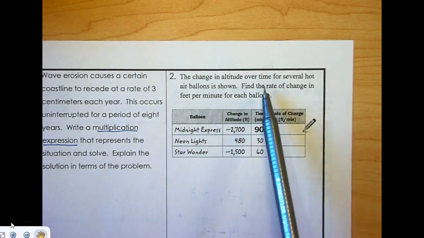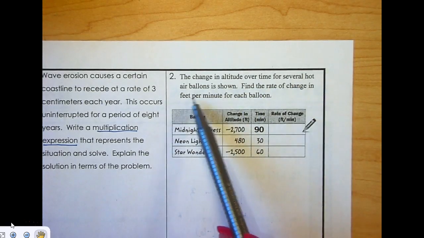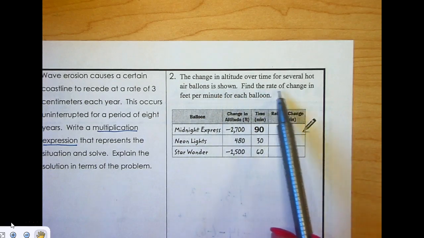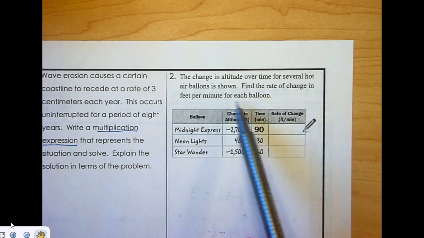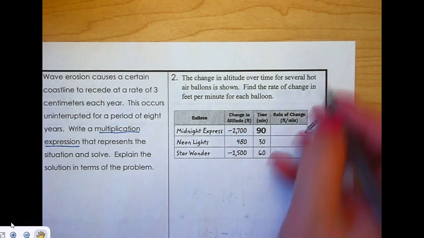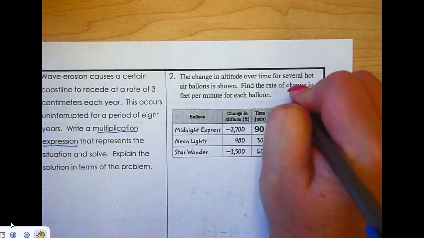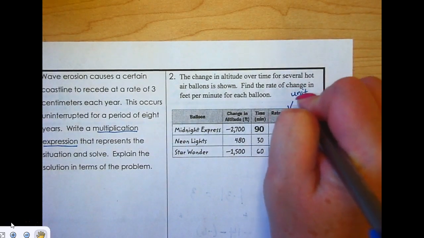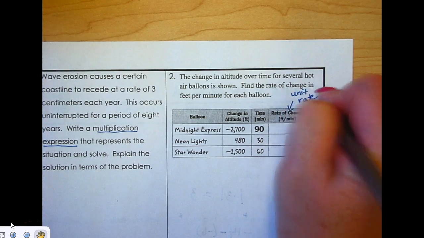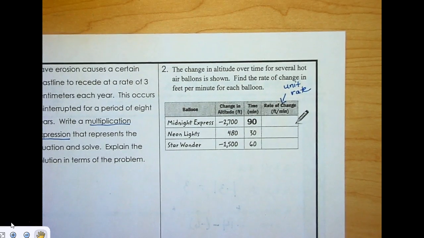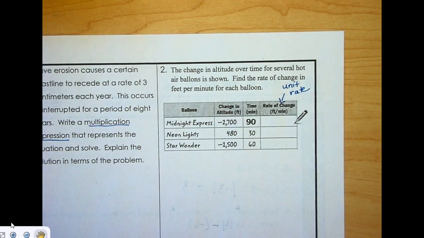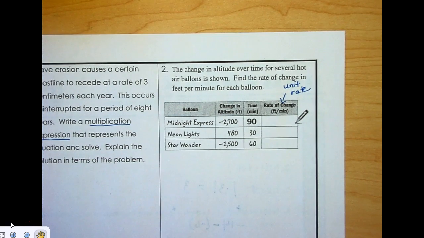The change in altitude over time for several hot air balloons is shown. Find the rate of change in feet per minute for each balloon. Rate of change means unit rate. In 7th grade, we call that constant of proportionality. In 8th grade, we call it rate of change.